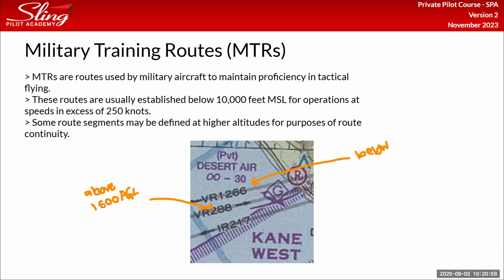Same number, below 1,500 AGL. And then it's separated by VFR traffic versus IFR traffic. So these are routes that the military is training on. They're flying these exact lines, practicing tactical flying, and based on the numbers, they will either be above 1,500 feet AGL flying along this line, or below 1,500 AGL, based on the 4 digits or 3 digits.